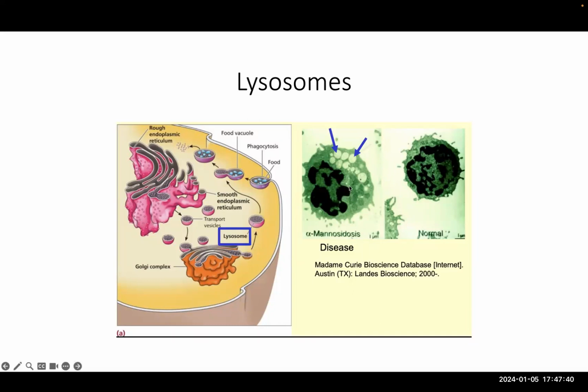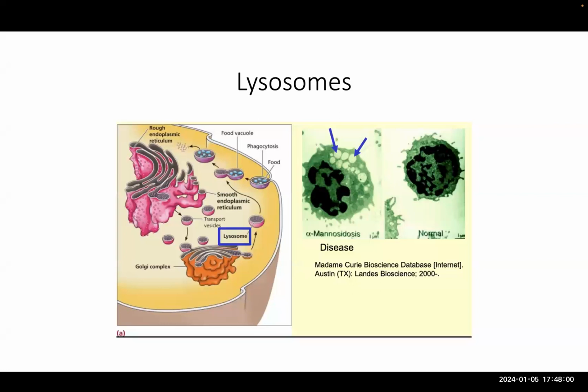In this picture, we're looking at a disease called alpha mannosidosis, which I don't care if you know the name or not. The point here is that the picture on the right is the normal, healthy-looking cell of a typical healthy person.